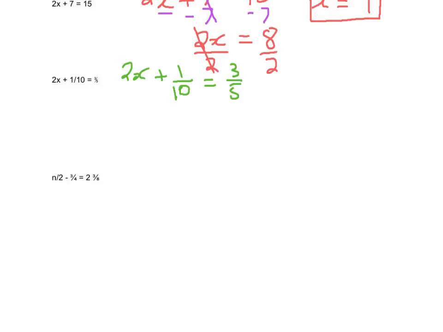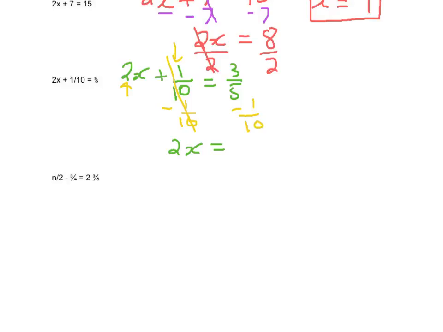We've got a multiplication by 2, and we've got this addition of 1/10. Reverse order of operations means we're going to deal with this 1/10 first. If it's being added, to get rid of it, we subtract. We subtract 1/10 from that side, and we have to do it to the other side as well. That cancels off, and we've got 2x is equal to 3/5 minus 1/10.